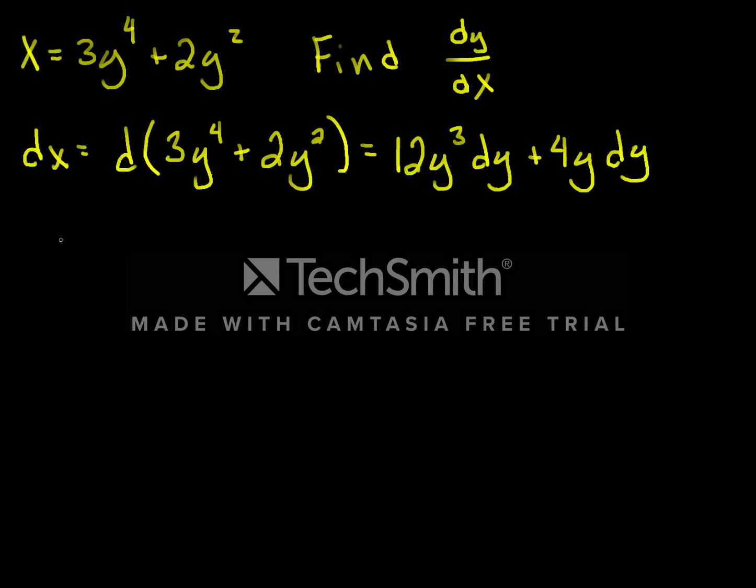So dx/dy is equal to 12y cubed plus 4y, which tells me that dy/dx is just the reciprocal of that.